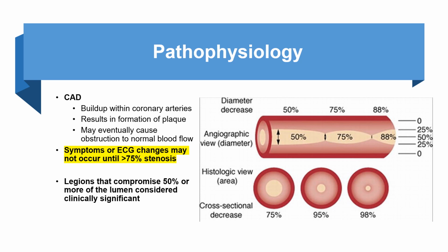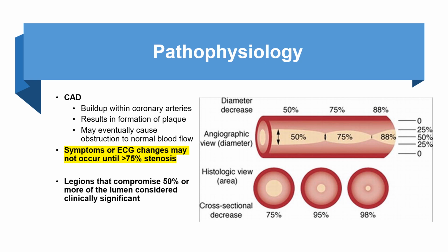Coronary artery disease is going to be the mechanism behind the development of the atherosclerotic plaque. And something to pay attention to is that we often do not have symptoms until a significant amount of narrowing has occurred, and it appears that the threshold is about 75% blockage.